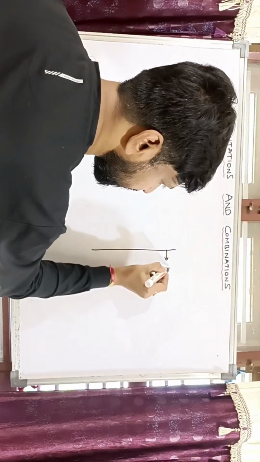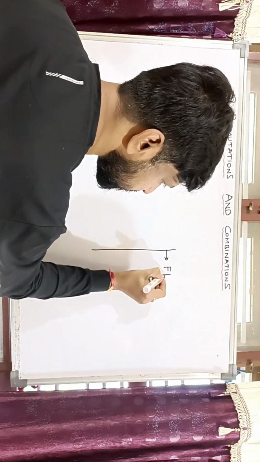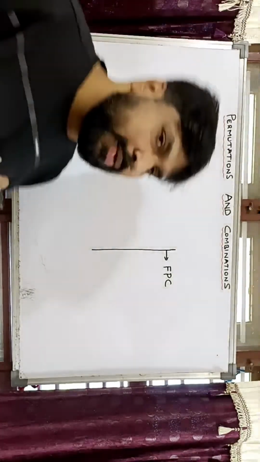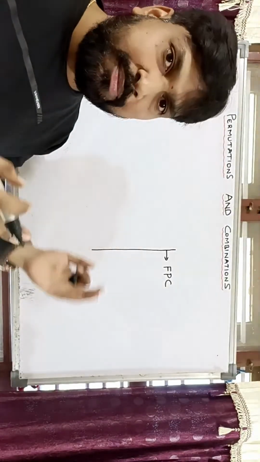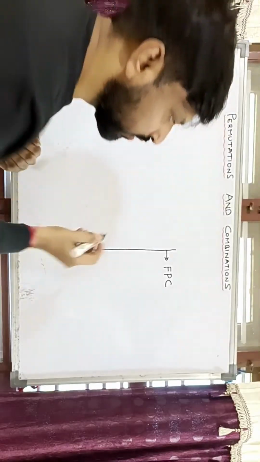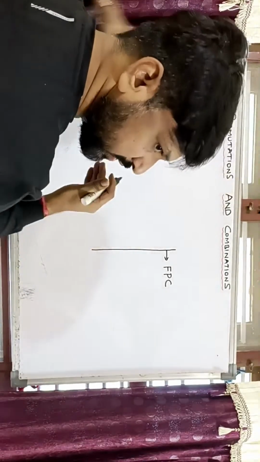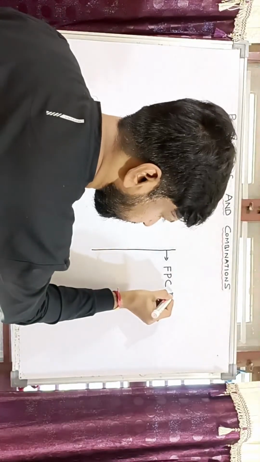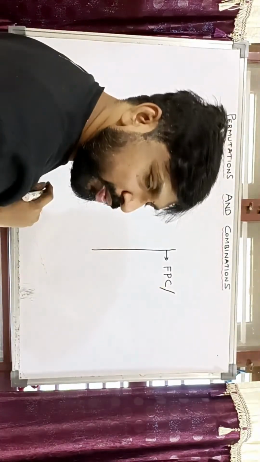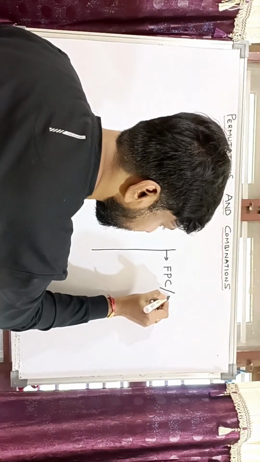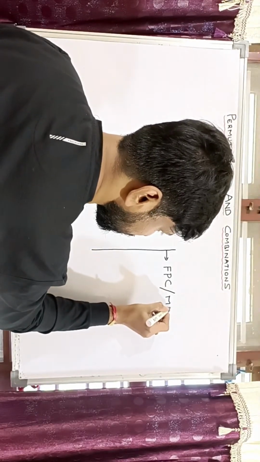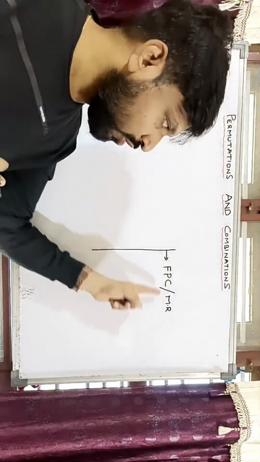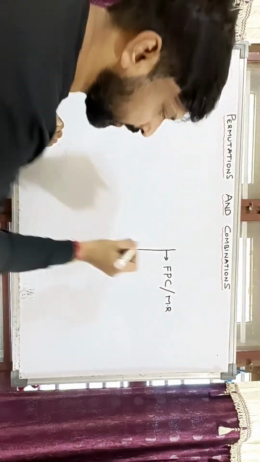The part number one is the fundamental principle of counting. Please come along with your textbooks. I will sometimes tell the question numbers in the textbook so that you can see them clearly. The fundamental principle of counting, or else the multiplication rule, is topic number one.